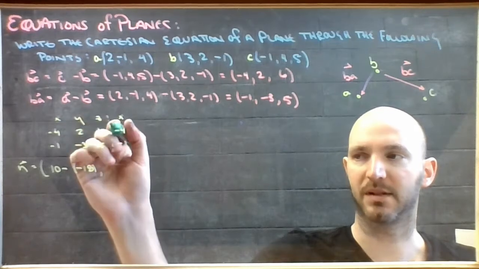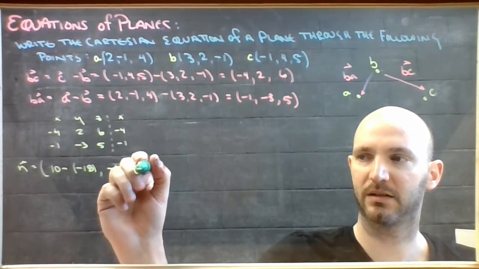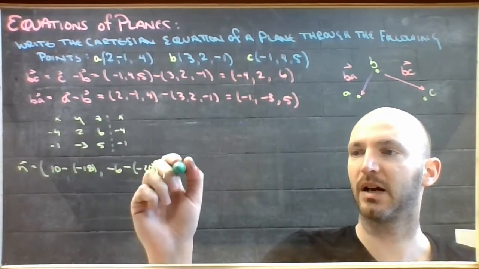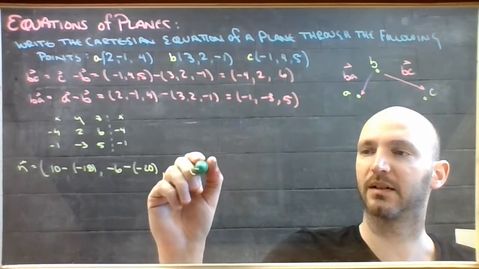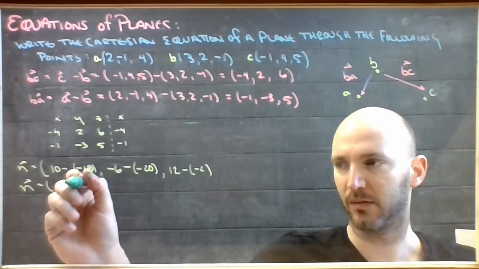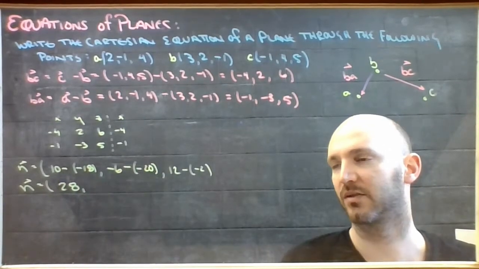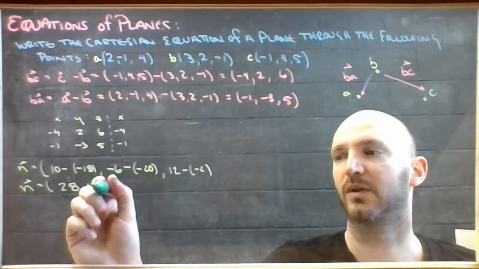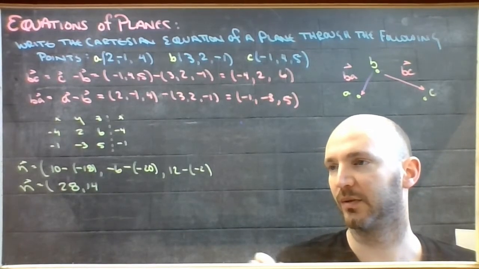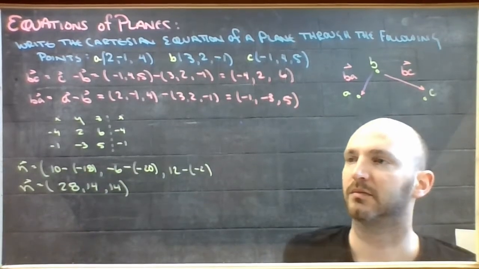My y coordinates would be -6, subtract -20, which is 14. And my z's would be 12, subtract -2, which is 14. Lovely.